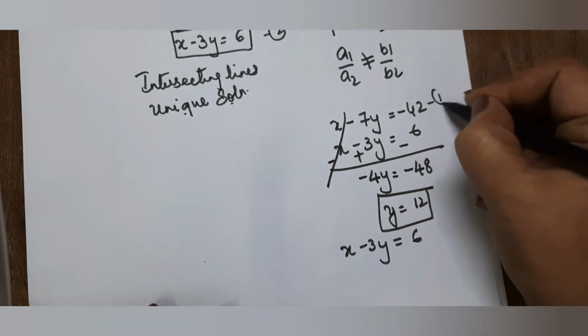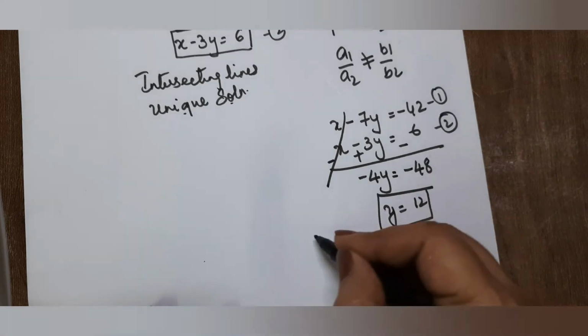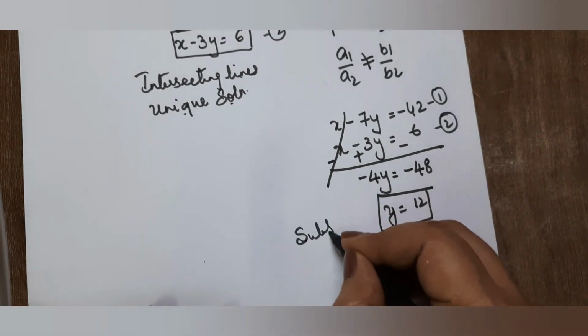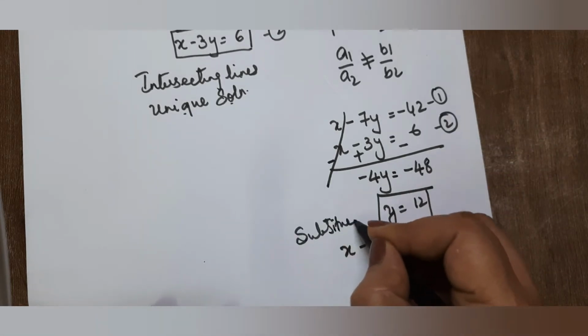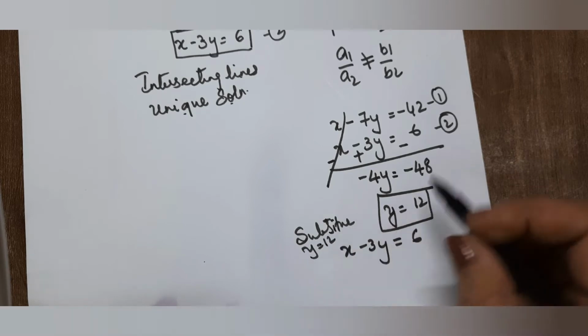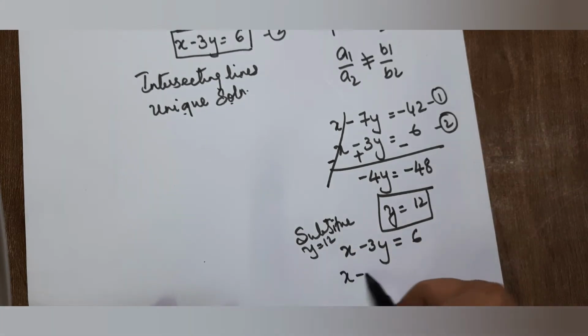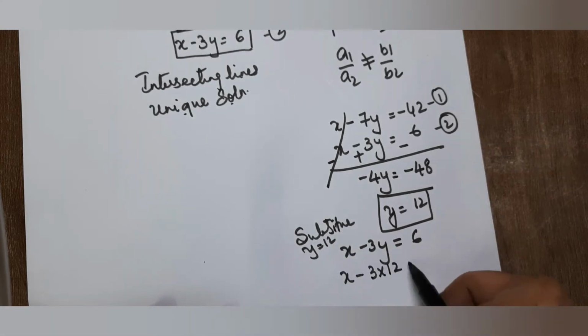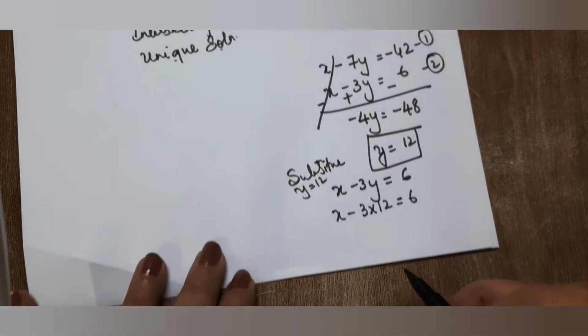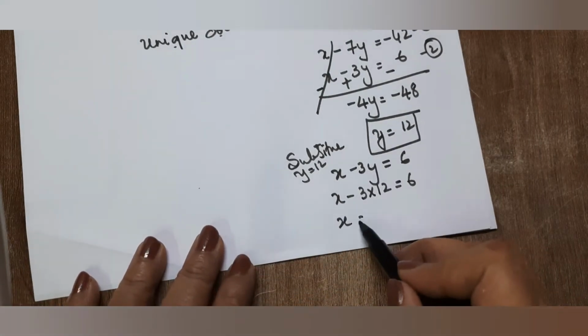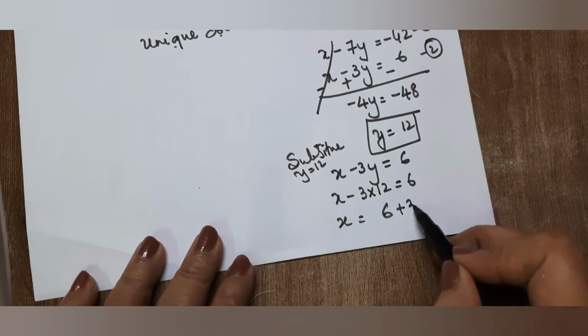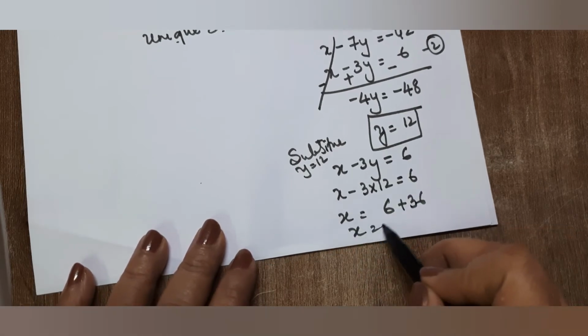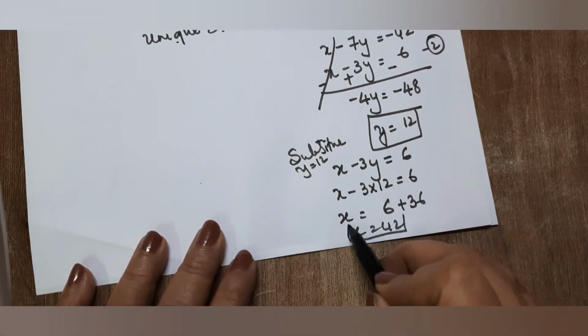This is equation 1, equation 2. What did I do? I substituted y equal to 12 in equation 2. So x minus 3 into 12 is equal to 6. Then x is equal to 6 plus 36, x is equal to 42.